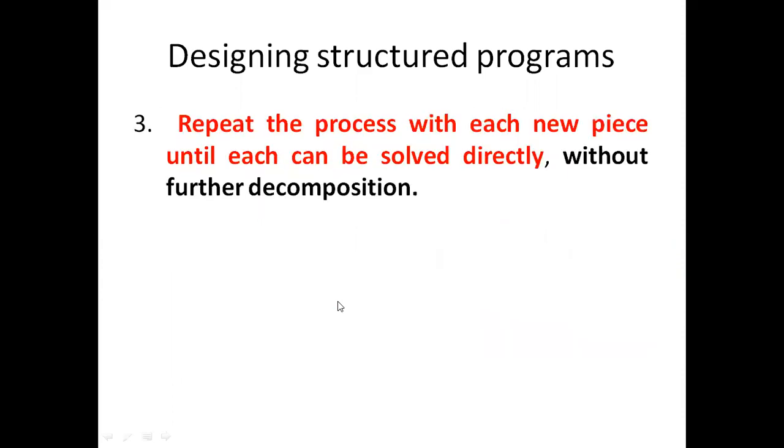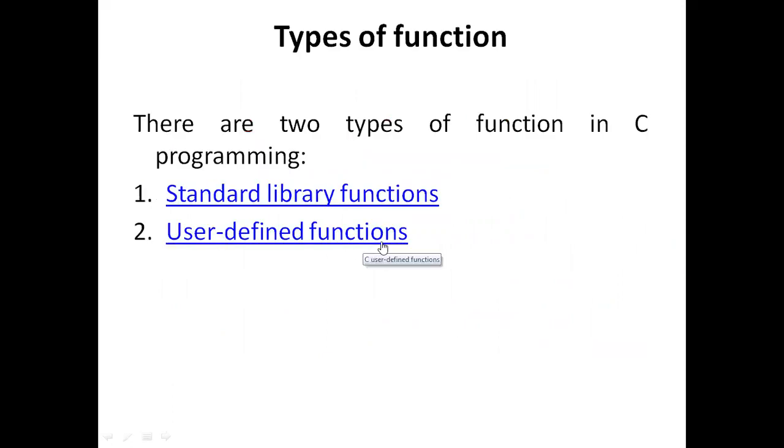And in the last class, we discussed the two types of functions: user defined functions and standard library functions. Whatever functions we create, we call them user defined. And standard functions are, in the previous programs, in every program we use scanf and printf functionality.